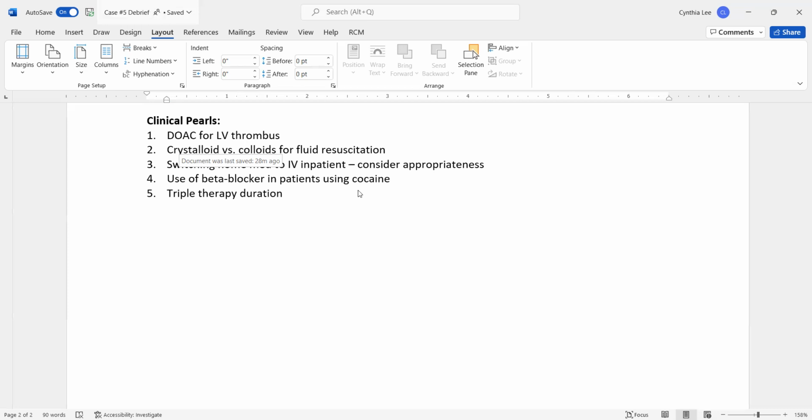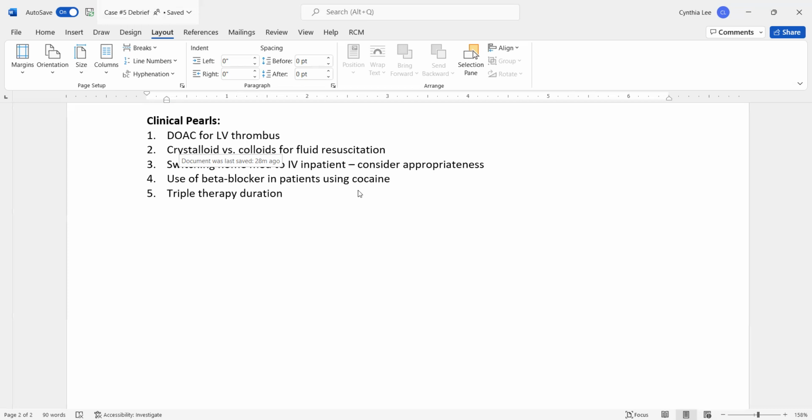So that's why in the practical setting nowadays, if we encounter patients using cocaine, typically, even if they're indicated for the beta blocker for their chronic conditions or heart disease conditions, we typically try to avoid it, just because it can cause more harm than benefit in that patient population.